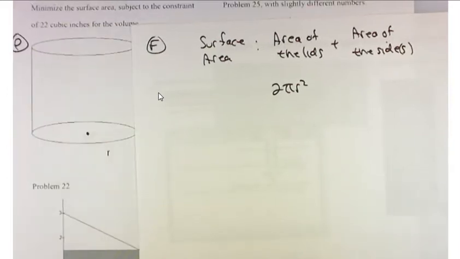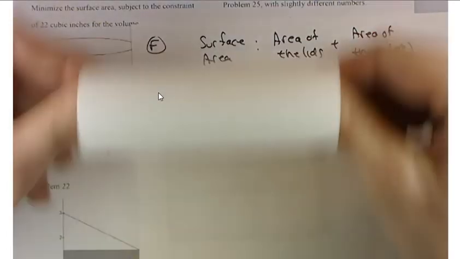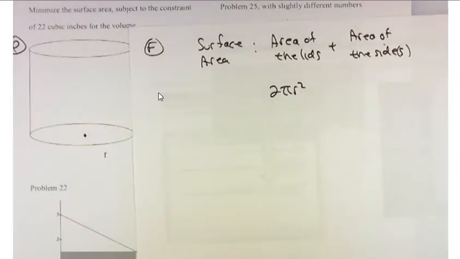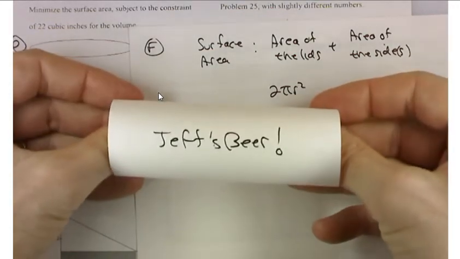Now here's what we're going to do in terms of calculating the area of the side. I've got an amazing visual demonstration here for you. Here's our can. Let me make this a little bit better. There's our can.